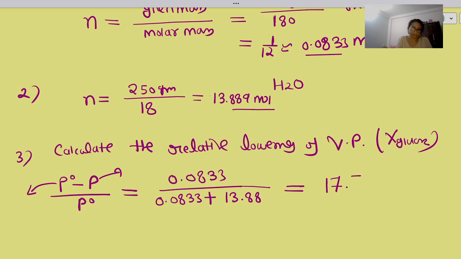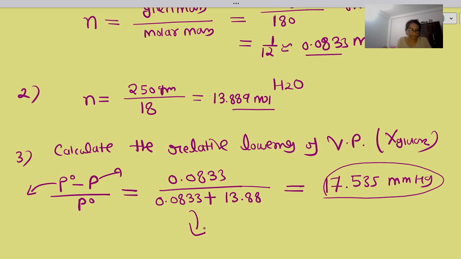It will be 17.535 mmHg. The actual value of the initial vapor pressure is given in your question, and the question asks for the relative lowering, which is a unitless ratio. For solving this question, you will get the relative lowering of vapor pressure as 0.00596, or we can write 5.96 into 10 to the power minus 3.